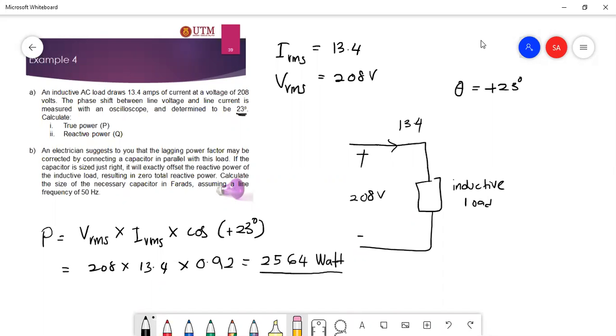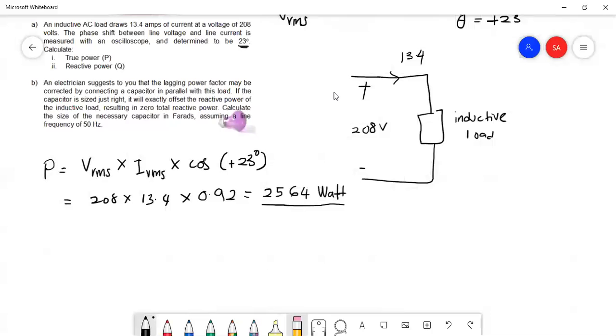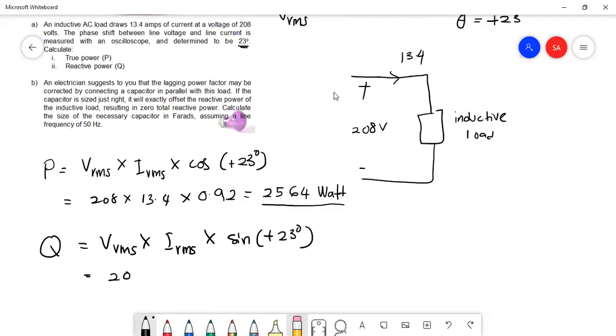And what about the reactive power? The reactive power Q is VRMS multiplied by IRMS multiplied by sine positive 23 degrees. So 208 multiplied by 13.4 multiplied by sine 23 degrees.